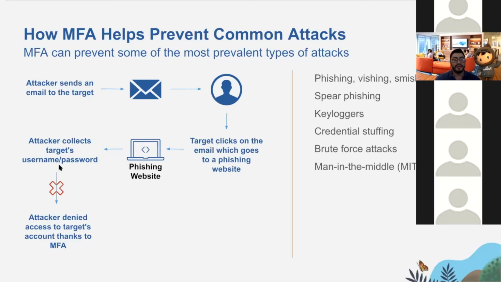But because you will have MFA enabled, even if they stole your username and password, they won't get access to your Salesforce because they need a second factor of authentication. Here are some typical forms of attacks: phishing, vishing, smishing, spear phishing, keyloggers, credential stuffing, brute force attacks, and man-in-the-middle attacks.